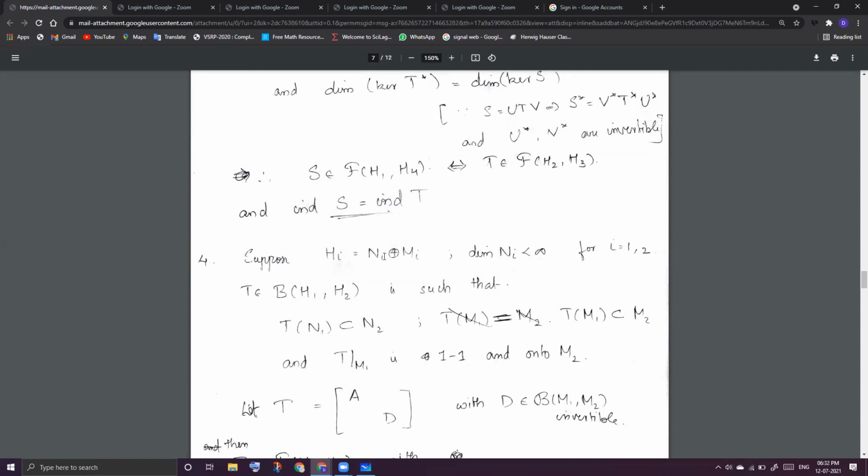And similarly, H2 is a direct sum of N2 and M2, and dimension of N2 is also finite. Suppose T takes N1 to N2 and M1 to M2, such that T restricted to M1 is an invertible map. So T will look like this. It looks like some operator A from N1 to N2, and some invertible operator D from M1 to M2.